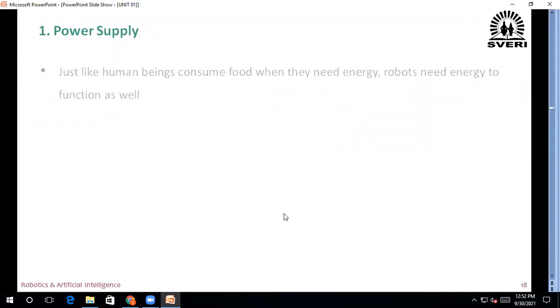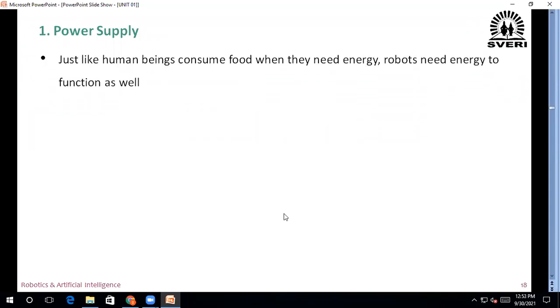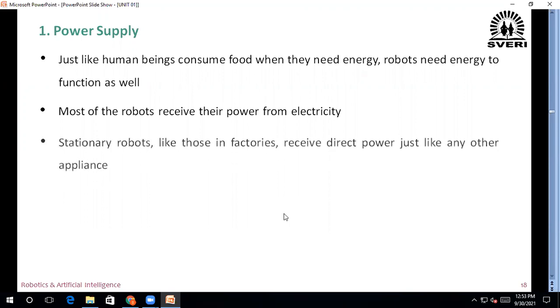First is power supply. Just like human beings consume food when they need energy, robots need energy to function as well. Most of the robots receive their power from electricity. That is, robots are mostly electrically driven, meaning a motor is used, either DC motor, AC motor, or servo motor.